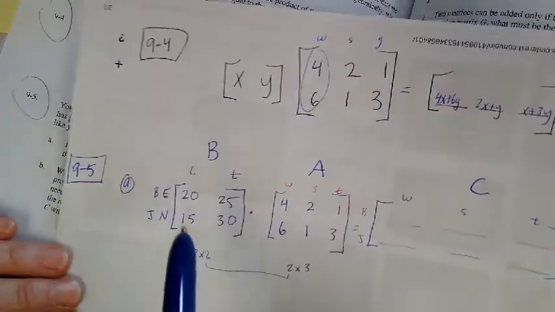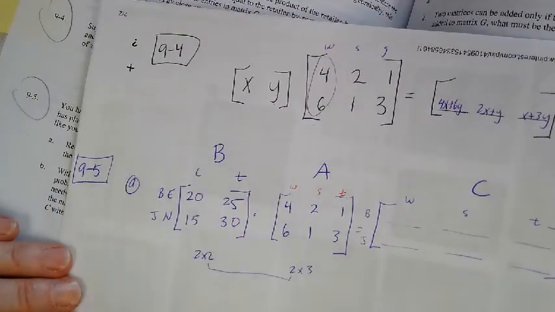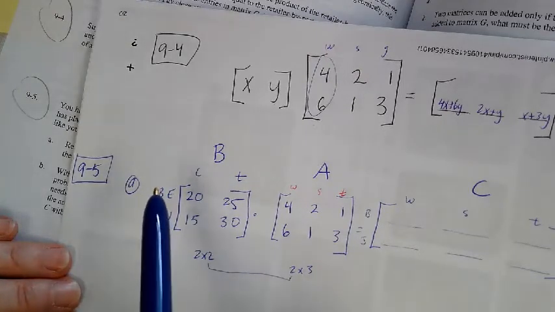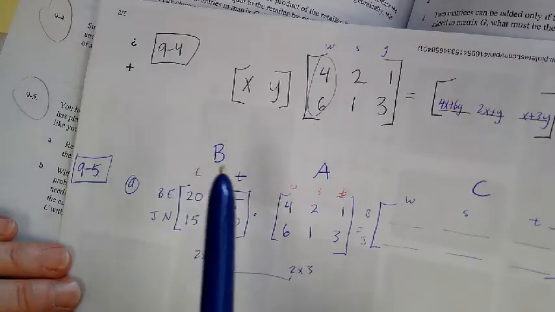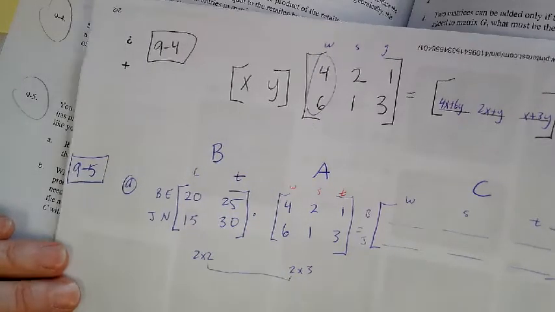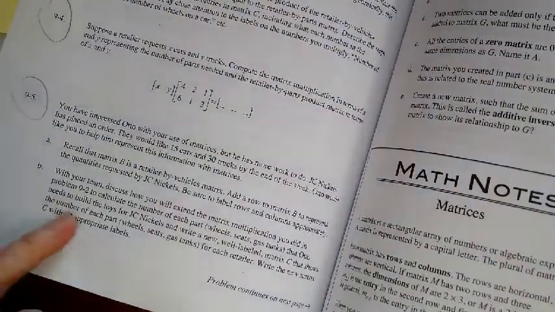So this is my retailer by vehicle matrix, because we say the row part first and we say the column part second. So retailer by vehicle matrix. And then let's see what else it says.